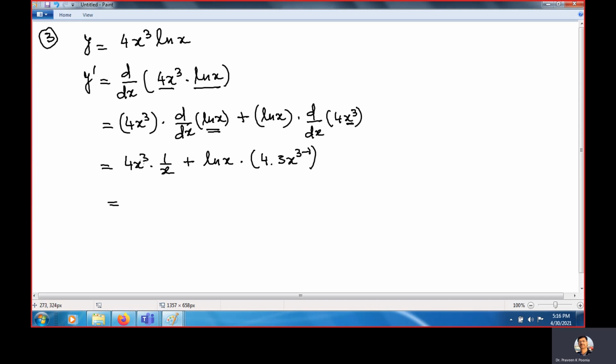So here x^3 upon x will be x^2, because powers can be decreased. It is 3 minus 1, 2, plus 4 times 3 is 12. x^(3-1) is x^2 and ln x. Class, this is the solution.